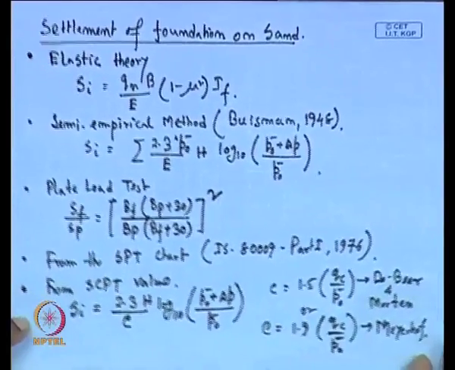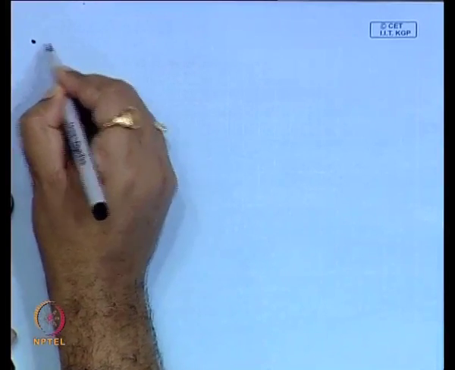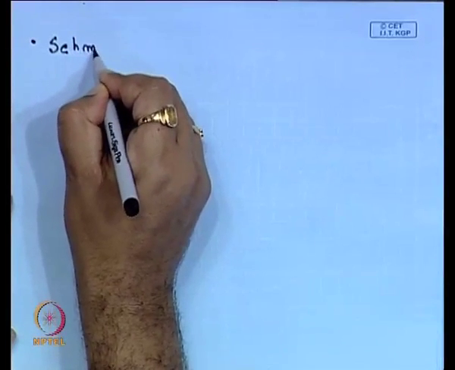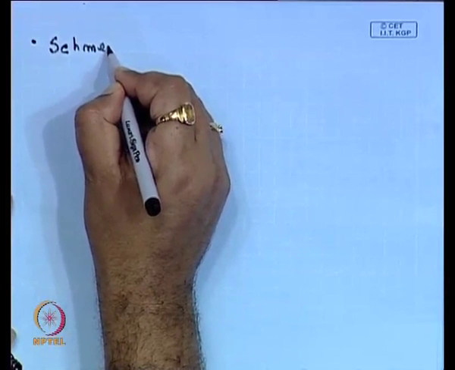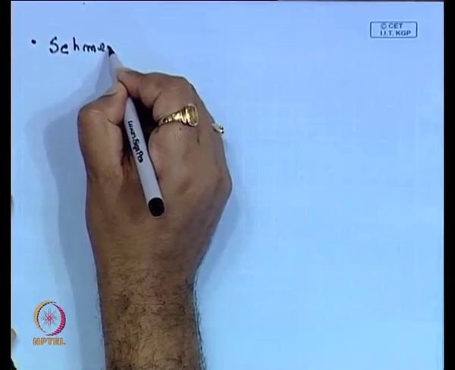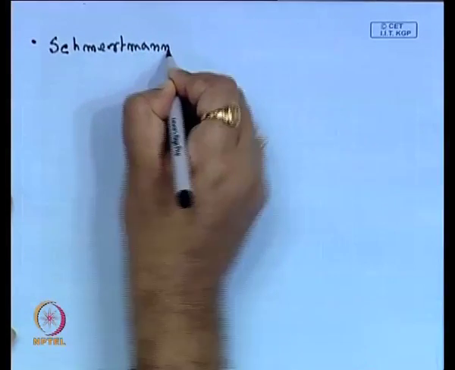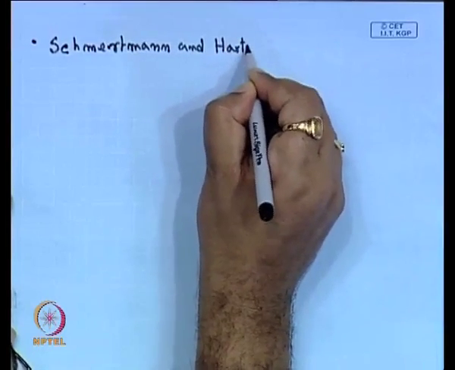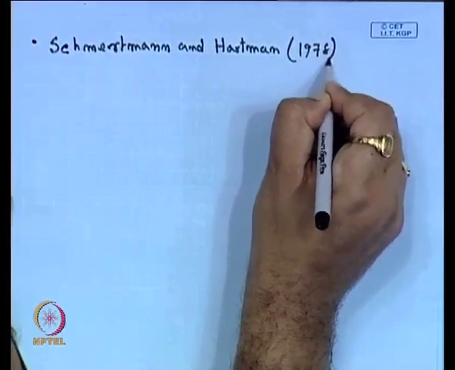The last method is also based on SPT value, given by Schmertmann and Hartman in 1978.